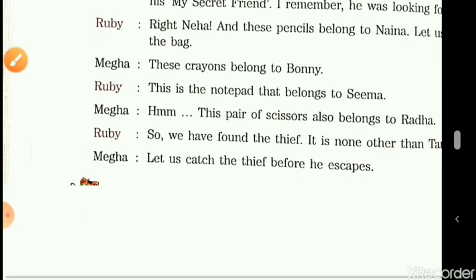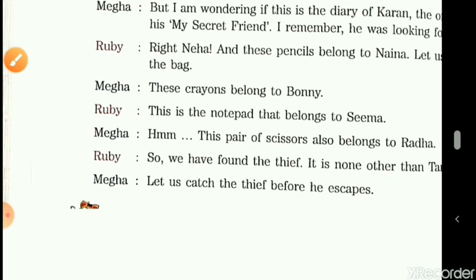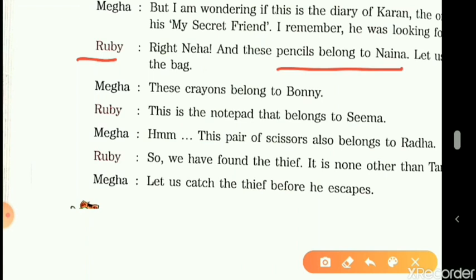Now students, the third sentence of the conversation. Ruby, right Neha, and these pencils belong to Nana. Let us look into the bag. Now whose pencils? Nana's pencils, isn't it? So we'll be rewriting this sentence like Ruby, right Neha, and these, because we are talking about pencils, more than one thing, so these are Nana's pencils.